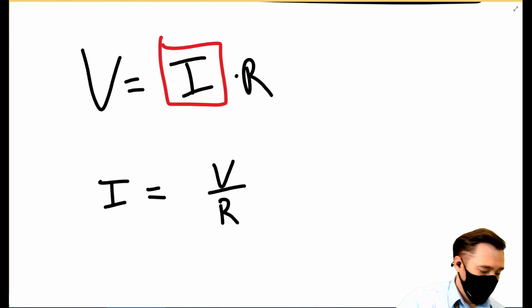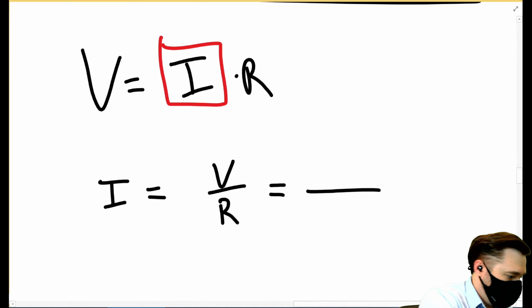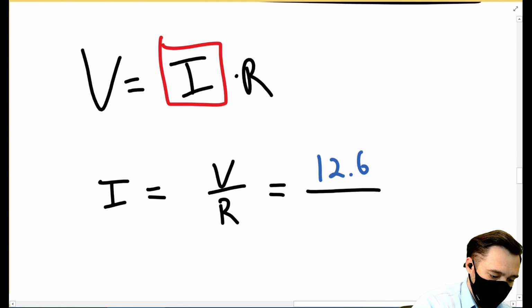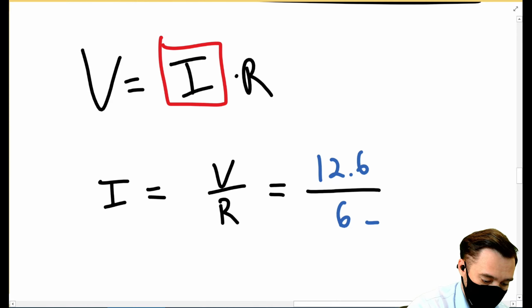Hopefully not. All right, and then I know V, I know R. My voltage was 12.6. And then my resistance was 6. That's going to be ohms. And then this is going to be volts.